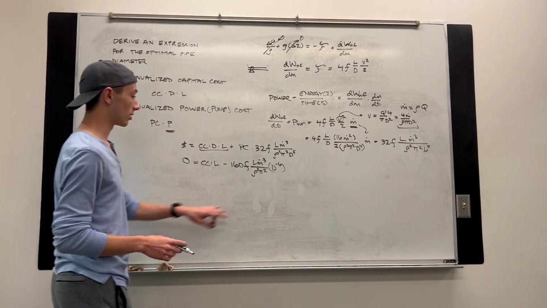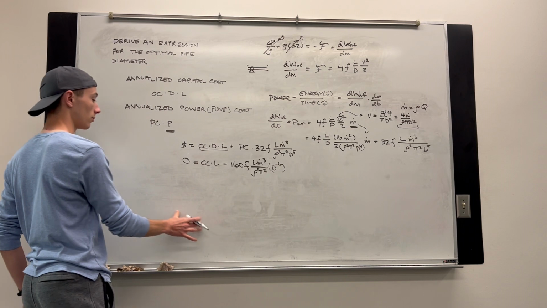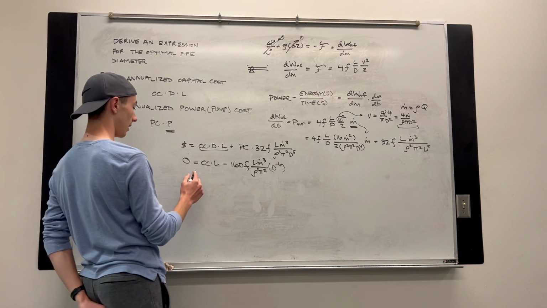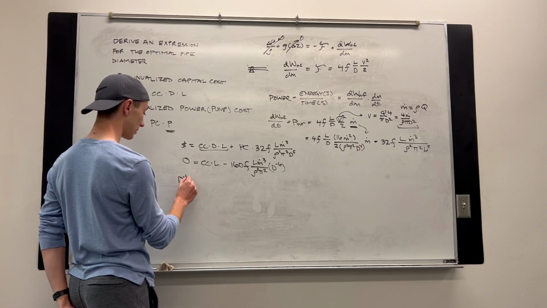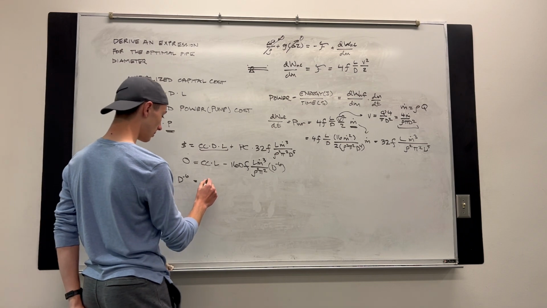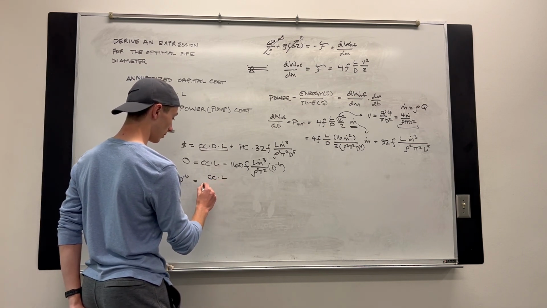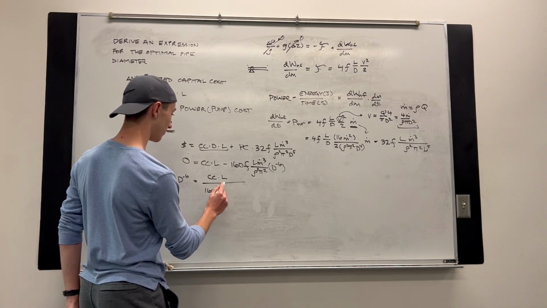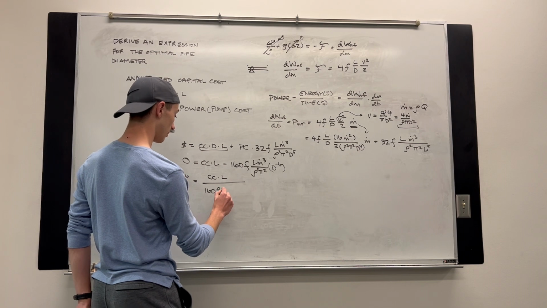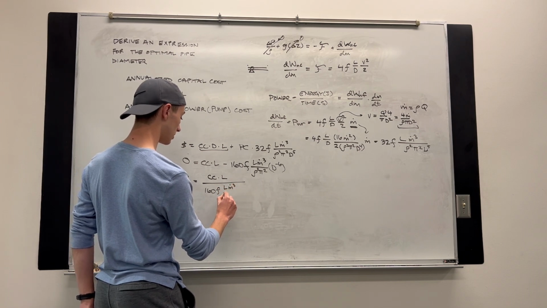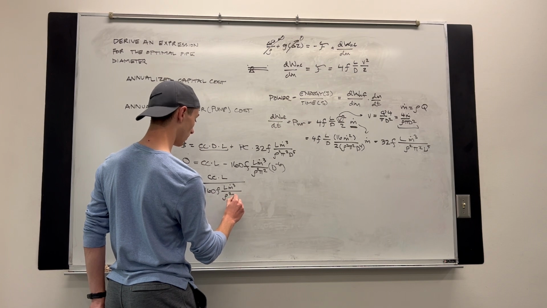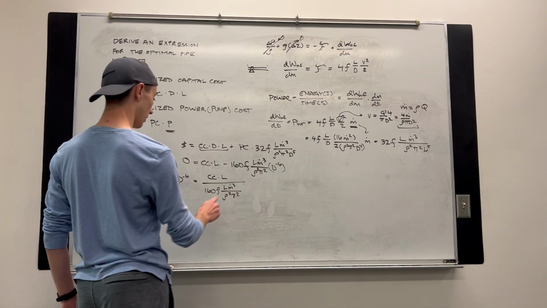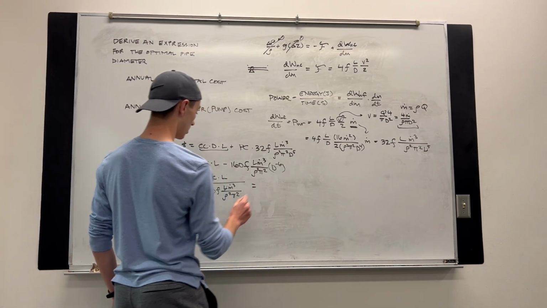And then let's go ahead and solve for d. So we can move this term to this side and then divide by everything but the variable we're solving for. And we get d to the negative 6 equals capital cost times L over 160 F L m dot cubed over rho squared pi squared. Okay. And it looks like our L's cancel out, and we can make this look a little cleaner.